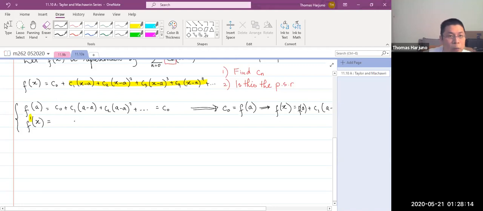I will end up with c1 plus 2c2 (x minus a) to the 1, plus 3c3 (x minus a) squared, plus 4c4 (x minus a) cubed, and so on and so forth.